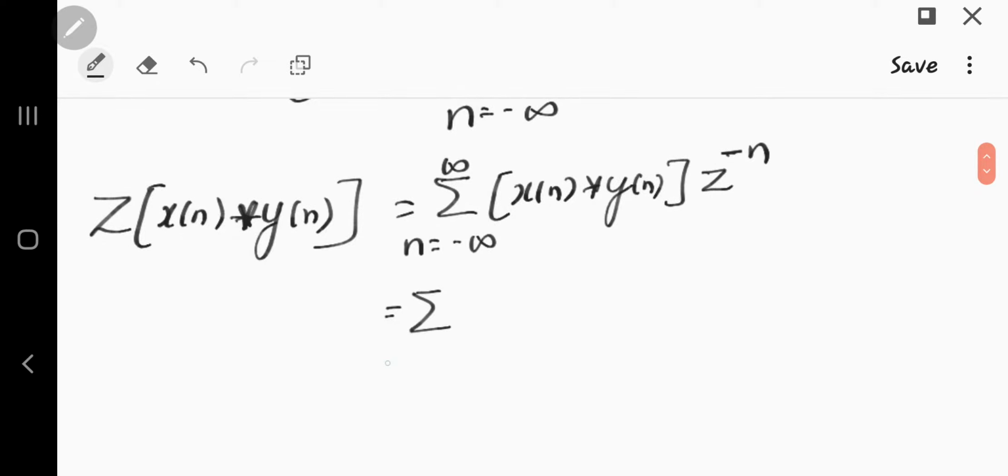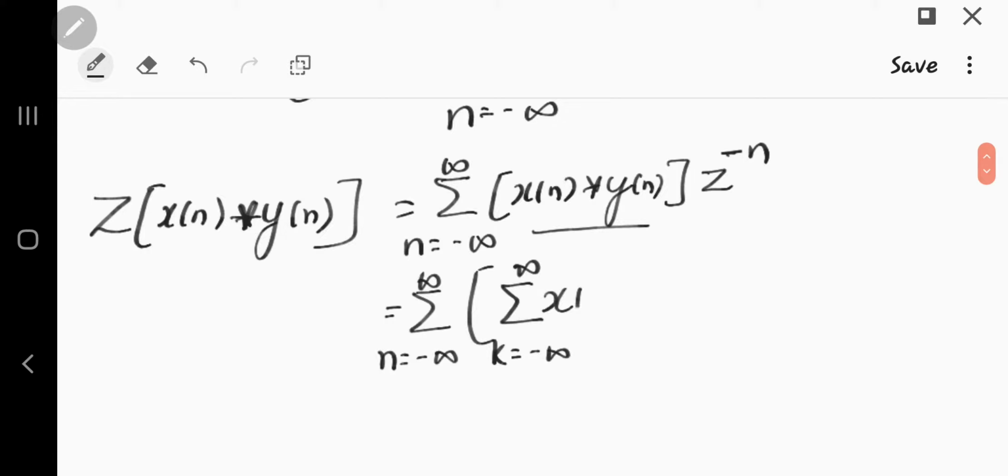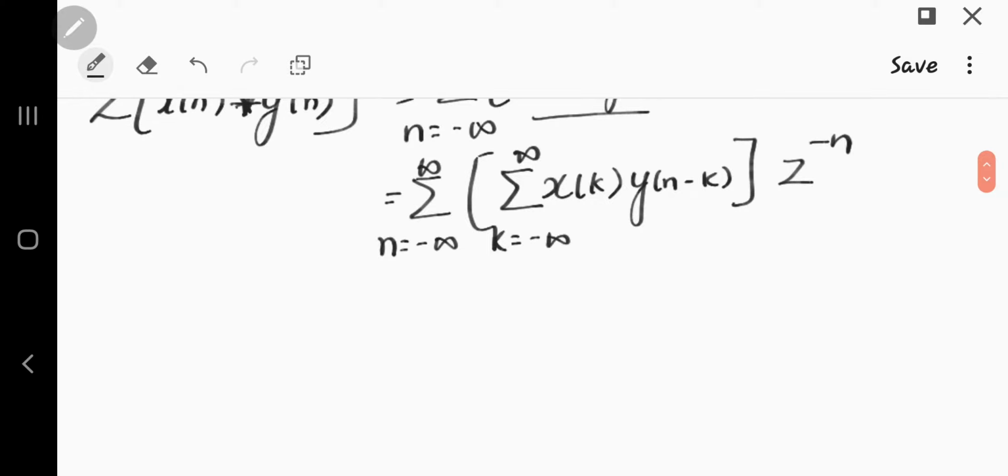If you elaborate this, from the definition of convolution sum, you can write it as summation k is equal to minus infinity to plus infinity x of k y of n minus k z to the power of minus n.